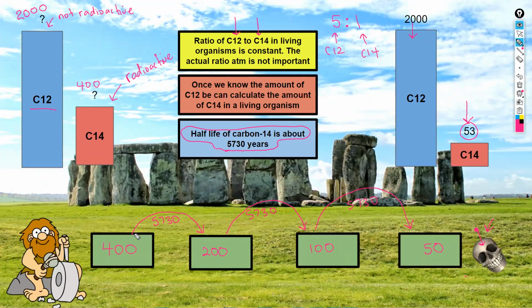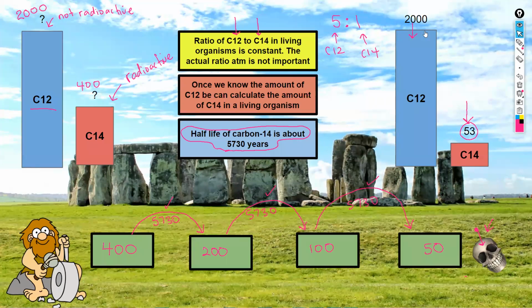How many years pass? You just have to add up 1, 2, 3. And that will tell you how many years have passed. So how many years did pass? Of course, this is for the carbon-14 we're talking about. The carbon-12 is not going to change.